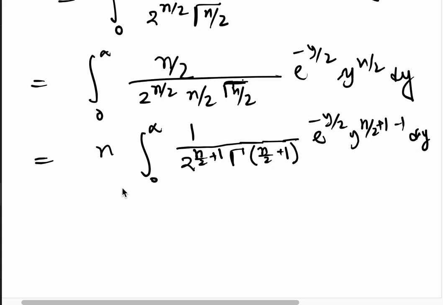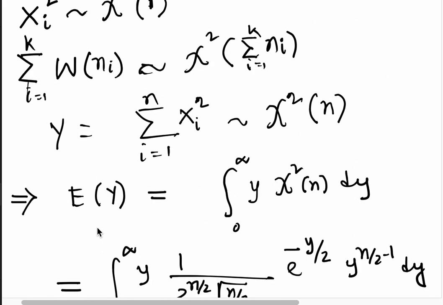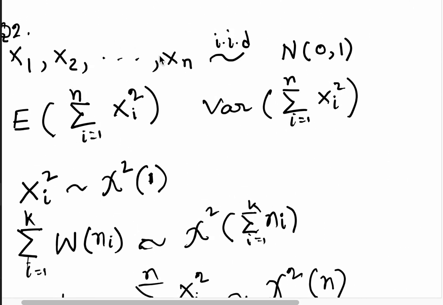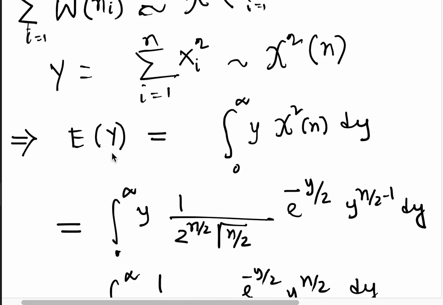So this is nothing but again a gamma distribution, and since the normalization condition follows, this will be 1. So that means the expectation of this chi-square summation is n.